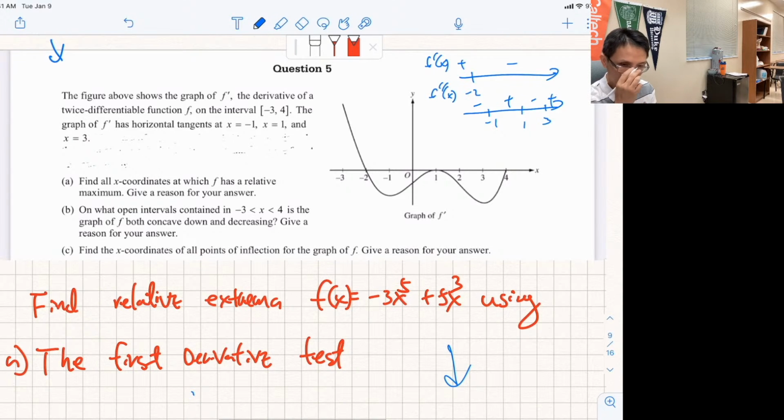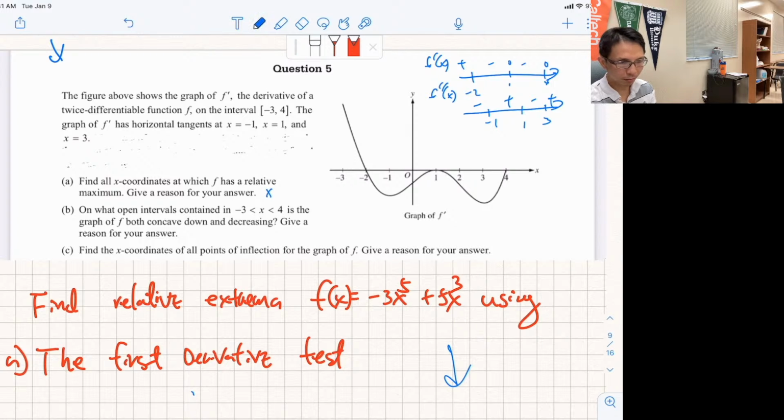For the f prime number line, do you not include 4 as a value as well? You can, but here, you can include 1 as well, it's going to be 0. And 4, it doesn't matter, it's 0, but the whole thing is going to be negative. So if I want to be very, very picky, I can say that's negative, negative, 0 here. Had a relative maximum at -2, right?